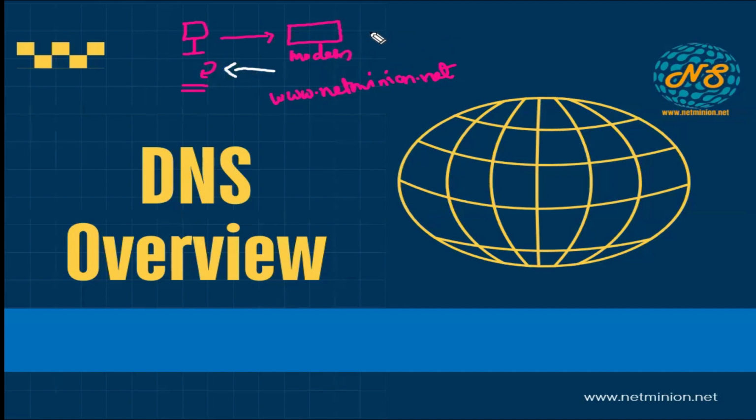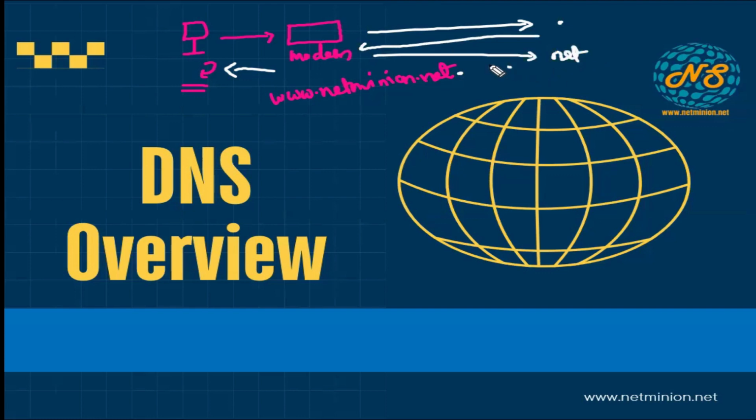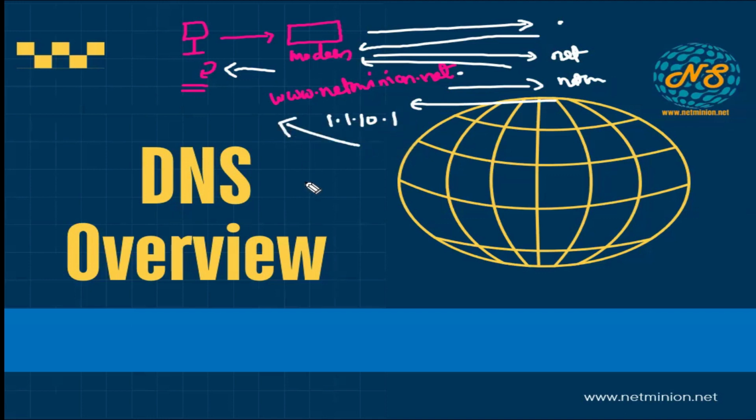If not, then this query will go where? To the root server. The root server says, okay, it is .NET, buddy, go to the .NET. Then go to NetMinion. There is a NetMinion server there, which will give the IP. Let us say the IP is 1.1.10.1, anything. And that will get resolved.